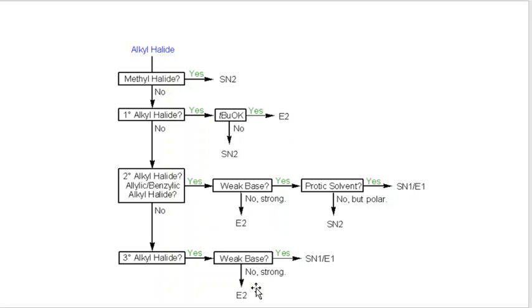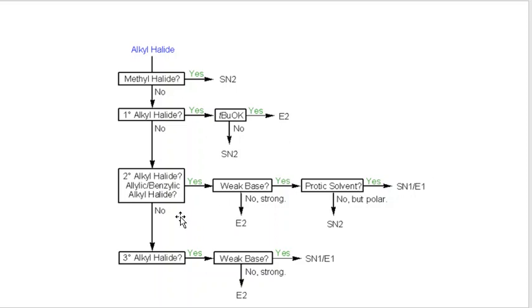However, if you have a strong base, remember, since this is tertiary, you can't get an SN2 reaction. So the only thing that it can really do is it's quite impatient and you will get that E2 reaction.